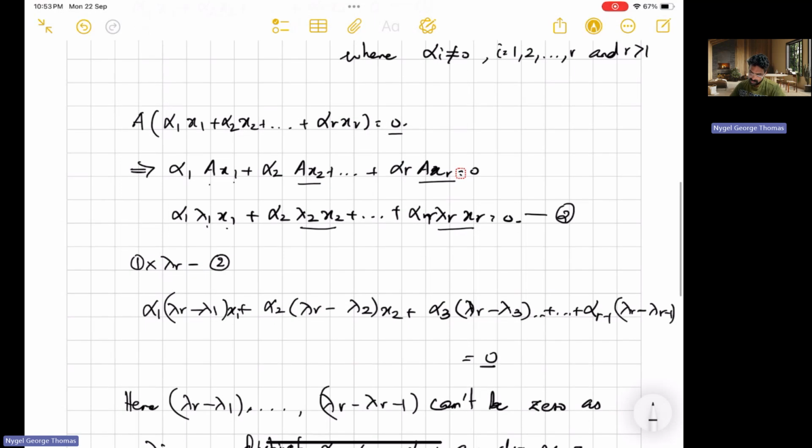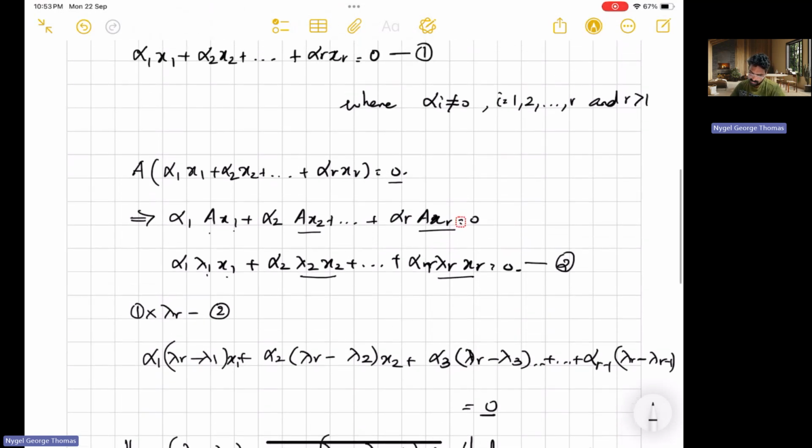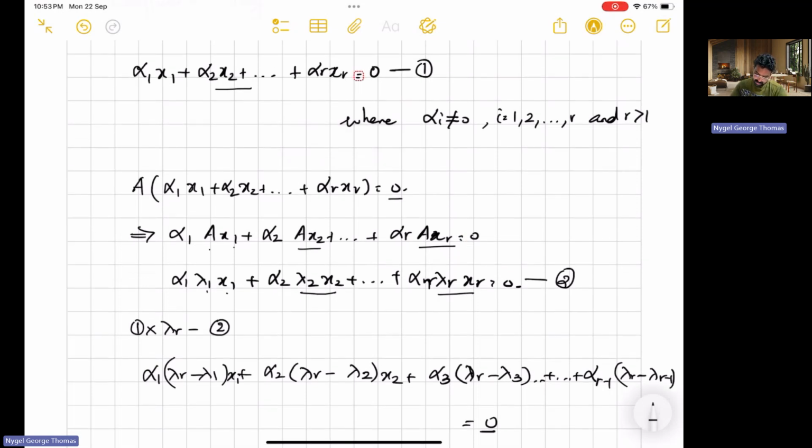So this is equation 2. We mark the earlier equation, alpha 1 x1 plus alpha 2 x2 plus alpha r xr equal to 0, as 1, and alpha 1 lambda 1 x1 plus alpha 2 lambda 2 x2 plus etc. plus alpha r lambda r xr equal to 0 as the second equation.